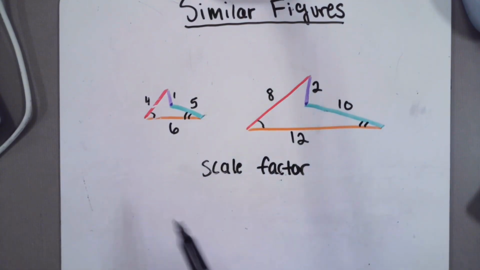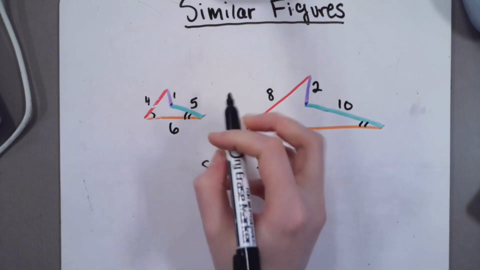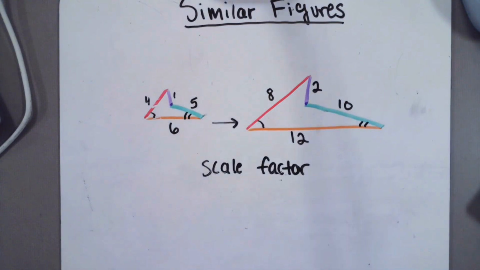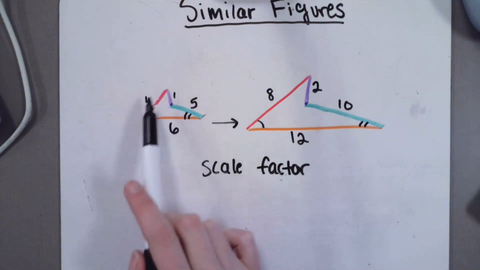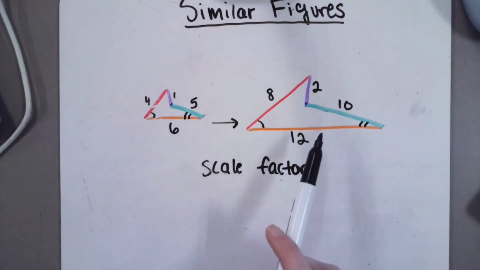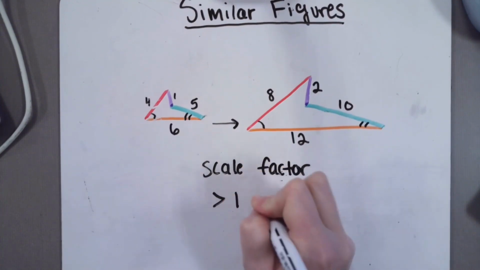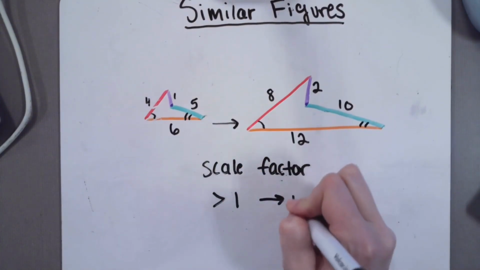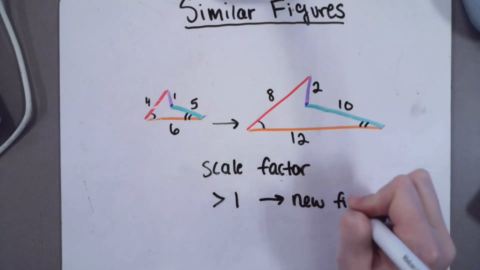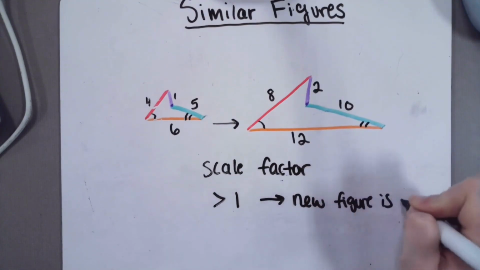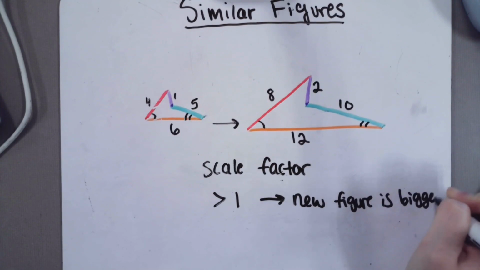So for example, if I was transforming from the small figure to the big figure, my scale factor would be 2 because I multiply the sides of the small one by 2 to get the sides of the big one. So if your scale factor is a number greater than 1, then your new figure will be bigger than your original figure.